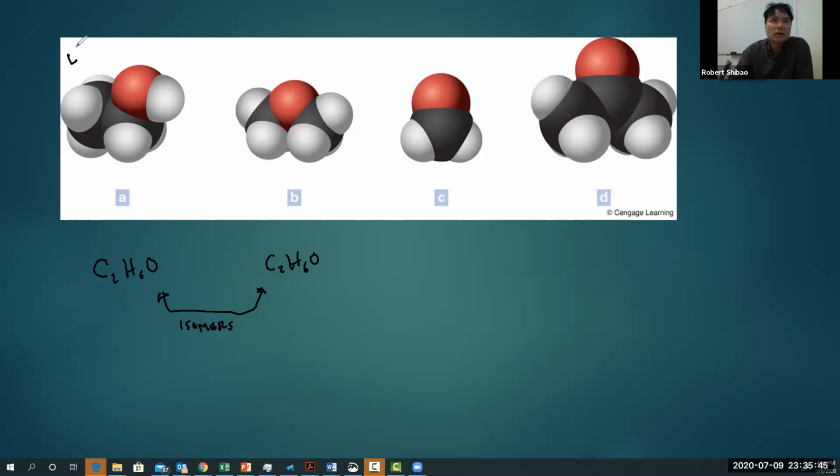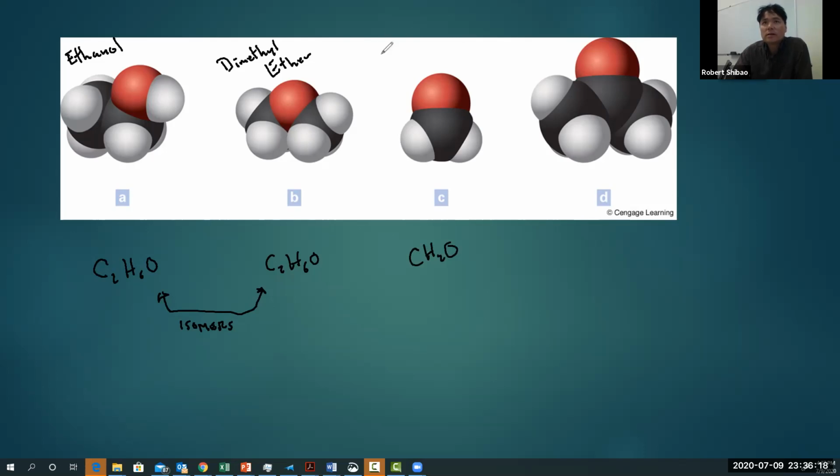This isomer is called ethanol. This one is called dimethyl ether. Just different structural arrangements. This one is written slightly different. This one's going to be written CH2O. Carbon, 2 hydrogens, 1 oxygen, CH2O.